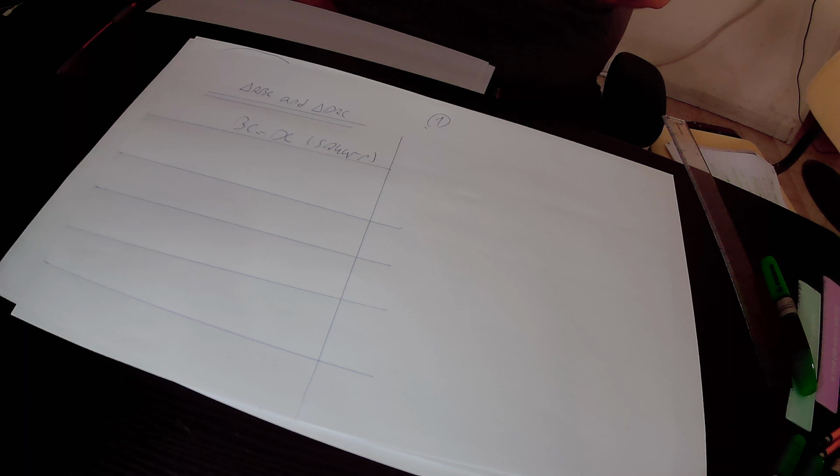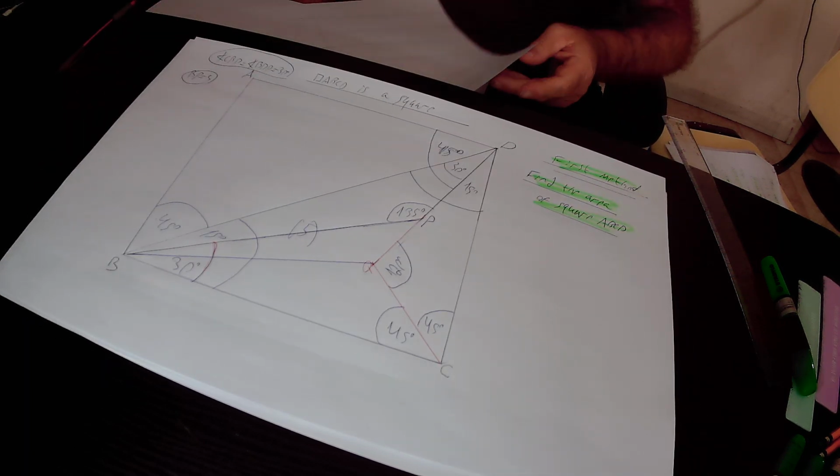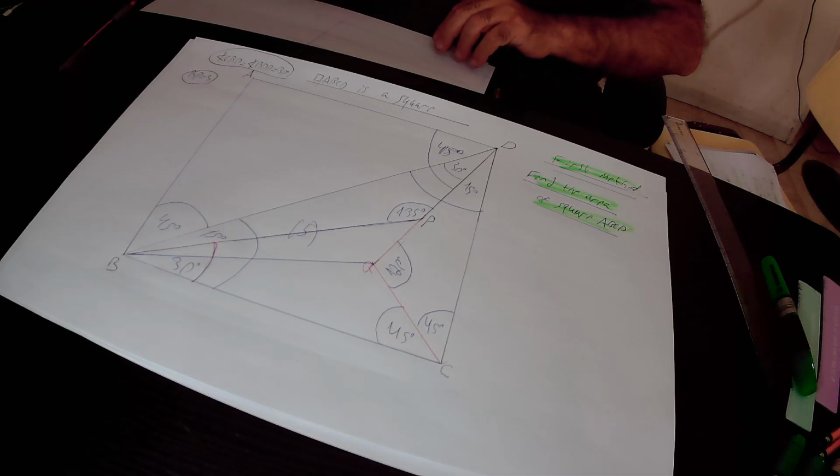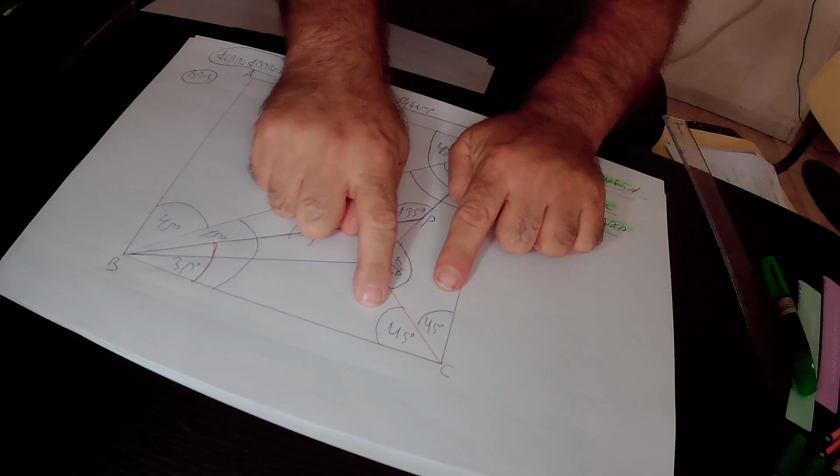They are both the sides of square ABCD and therefore they are equal to each other. In addition, those two angles are both equal to 45 degrees and therefore they are equal to each other.